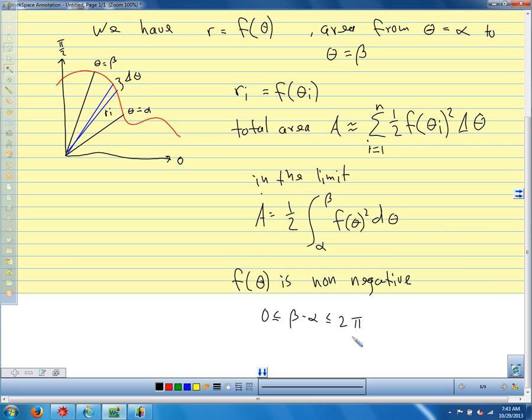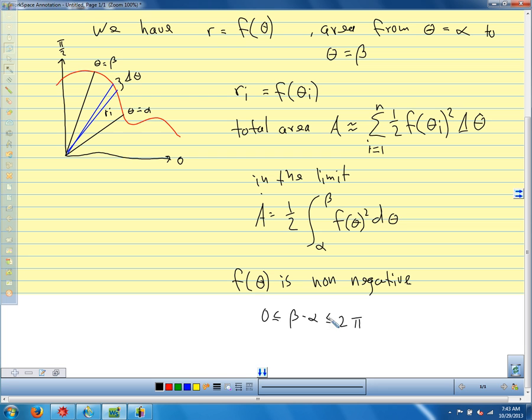So we want our radius to be positive, and we don't want to go around. We have to be aware, in our limits of integration, of how many times we're tracing the curve. Basically, the second condition is we're tracing around once. We're just being aware of how many times we're tracing around.